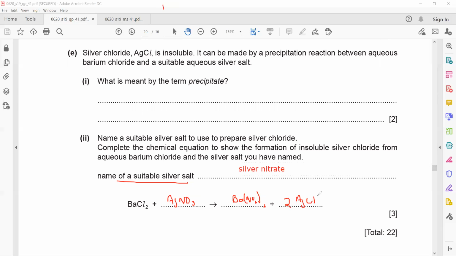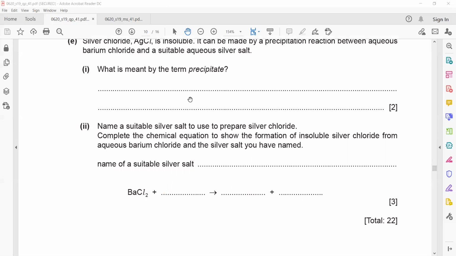The equation is 3 marks, like mentioning the reactants, products, and then balancing. So barium chloride mixed with silver nitrate, 2 soluble salts, gives barium nitrate that will be aqueous or soluble, and silver chloride will be a solid insoluble salt, which we also call a precipitate.